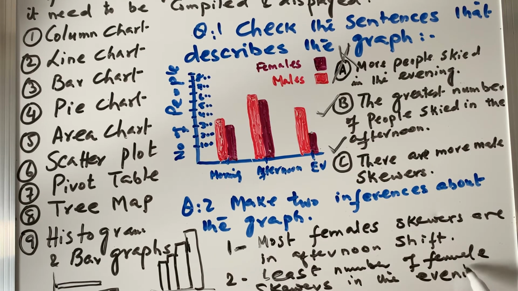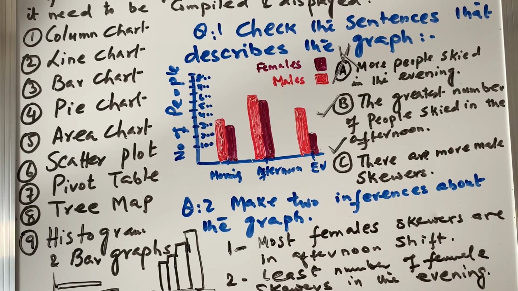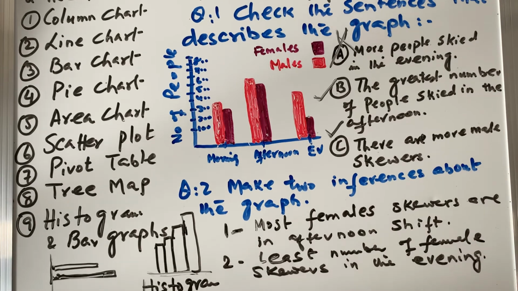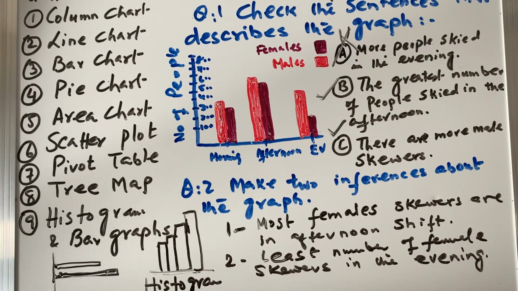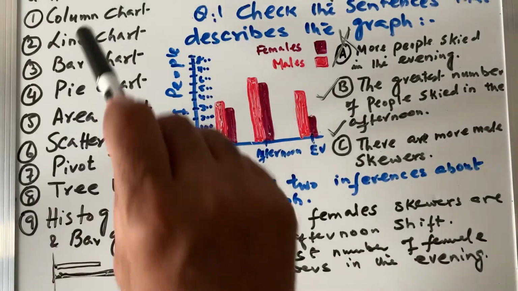So you can make your own sentences or your own inferences. That depends on how you read the graph and how correctly you make the sentence. But it's just practice to see how the graph looks and how they are comparing the data in the same graph. So we don't go into a long numerical list and statement. We just show the data the way we have listed here.